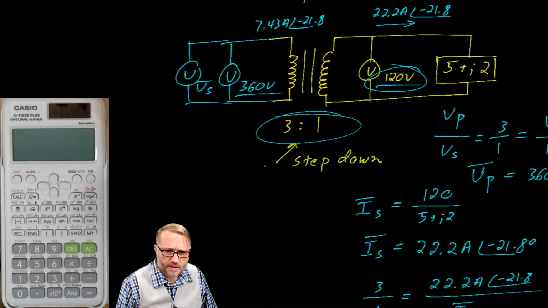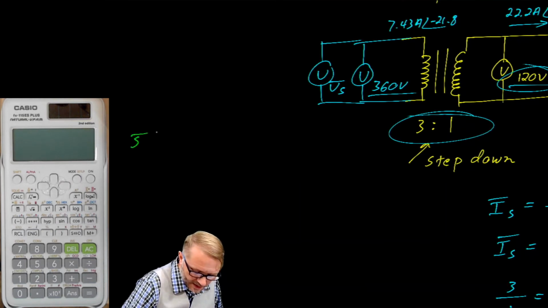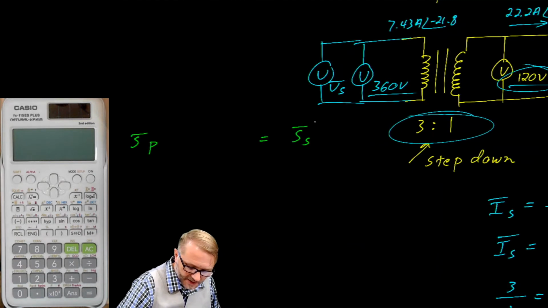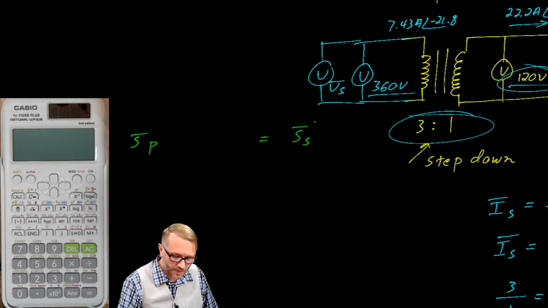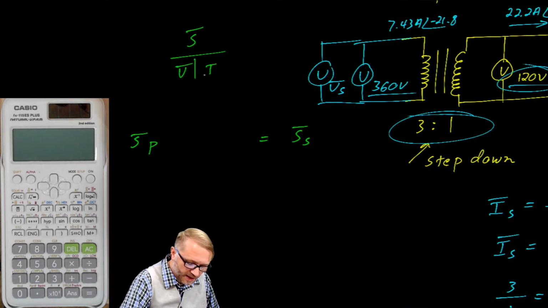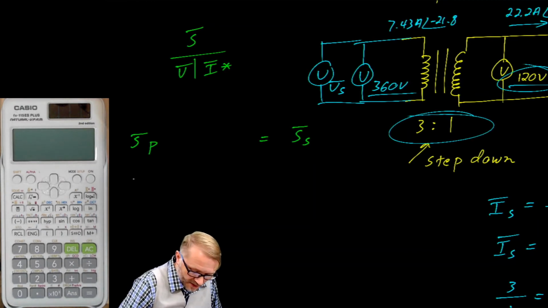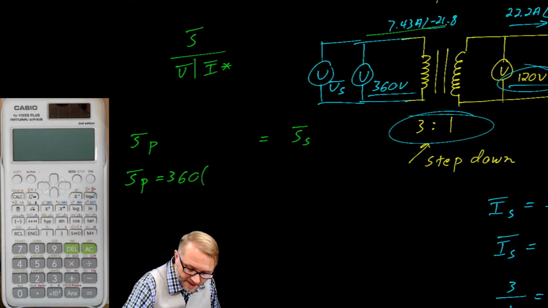Before we leave this problem, we made a statement about the power. We said the complex power in the primary was equal to the complex power in the secondary. Let's take a moment to see if that's true. Recall that complex power is a voltage vector by the complex conjugate of the current. That works out that the complex power in the primary is 360 multiplied by this current.